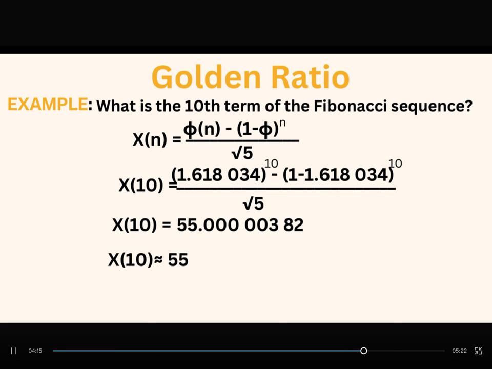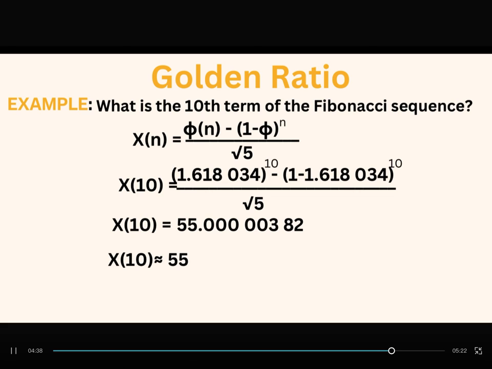1.618034. So we have x sub 10 equals 1.618034 to the 10th power minus the negative 1.618034 to the 10th power, over root 5.